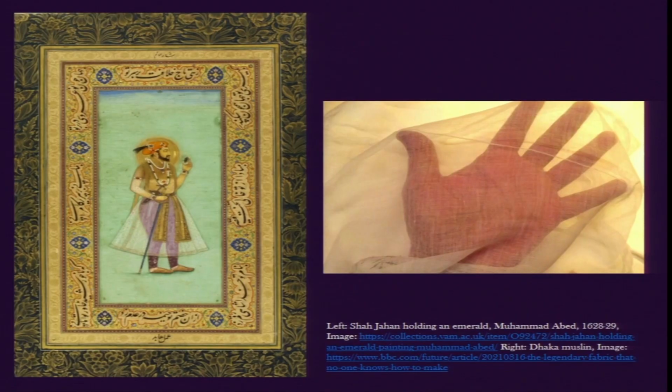Here is another example, looking at the coarse cotton and the fine cotton, and what kind of difference we might find. On the right side of the screen we have another representation of recently woven muslin in Dhaka, Bangladesh, and in this one we can see how the sheer, diaphanous quality of the fabric is projected.